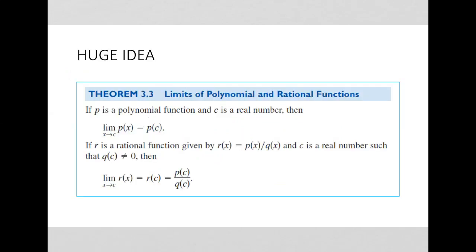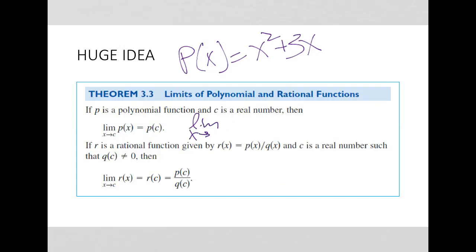Which leads us to where we need to be for today, limits of polynomial functions and limits of rational functions. So all this is saying is if you have some polynomial, let's call it p of x equals x squared plus 3x, it is saying if you find the limit of a polynomial at any point, again I'm just going to use 5, we'll keep using that x value, the limit of a polynomial at that point is just going to be p of that point, that function evaluated at that point.